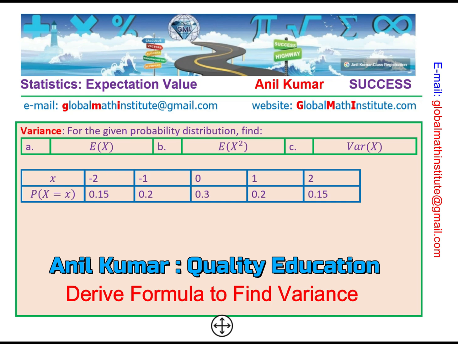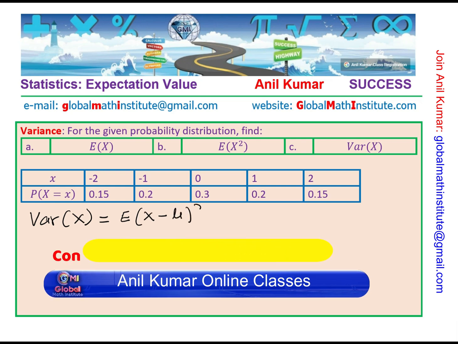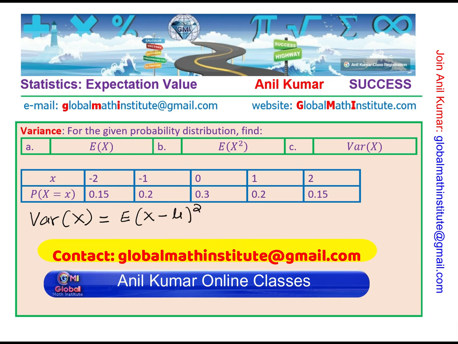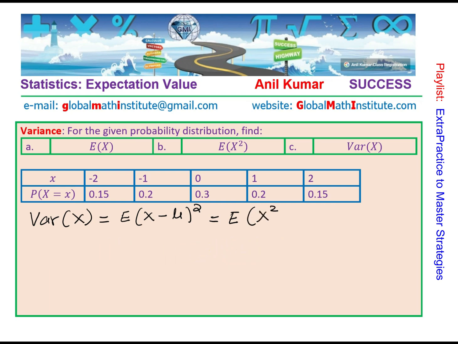As you know, variance can be defined as the average, right? Difference square, right? So it is E of x minus mu whole square, where mu is the mean, right? So if you expand this, what do you get? You get E of x square minus 2 mu x plus mu square, right?